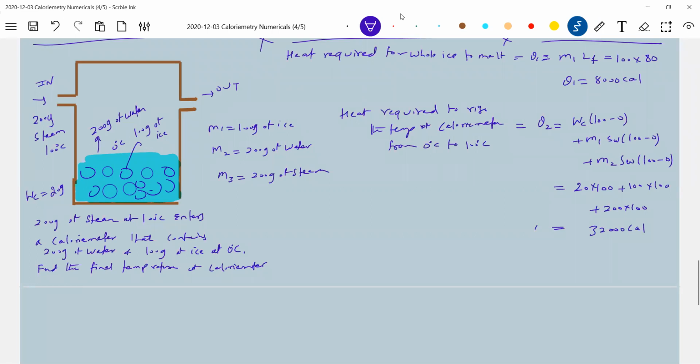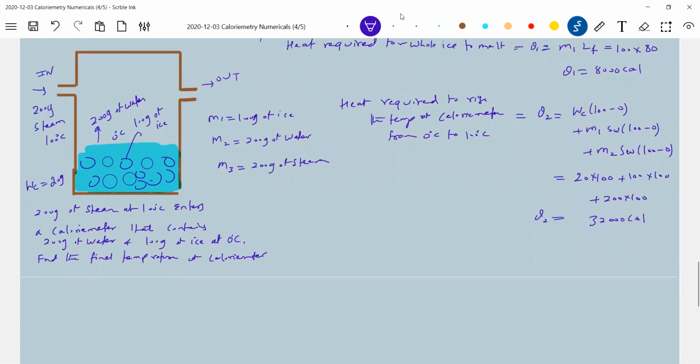Who should provide this? The heat from the condensation of steam. So we'll get into the next part. Heat available if all the steam condenses. I'm just checking myself. Heat available when all steam condenses, I'll call that Q dash.